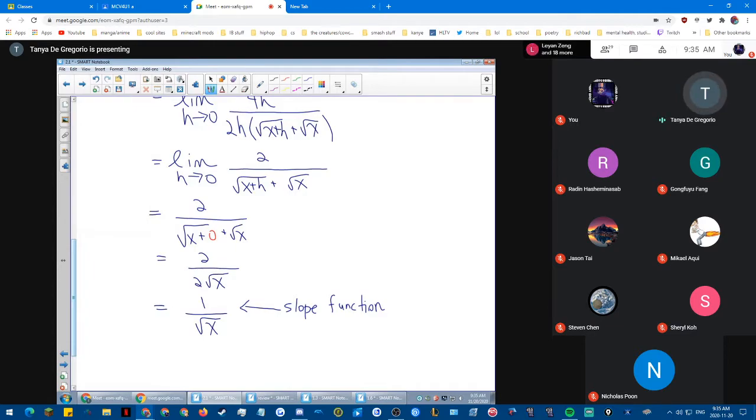Do you notice anything about this slope function? There are values that x can't be. x has to be greater than? Good. x must be greater than 0. Good.